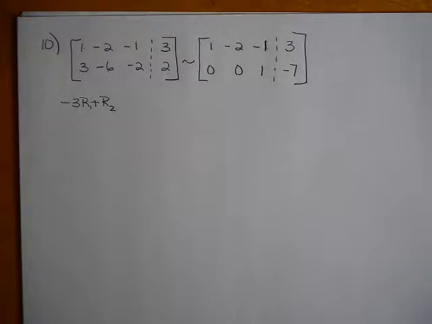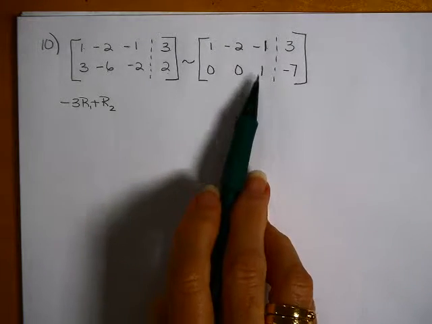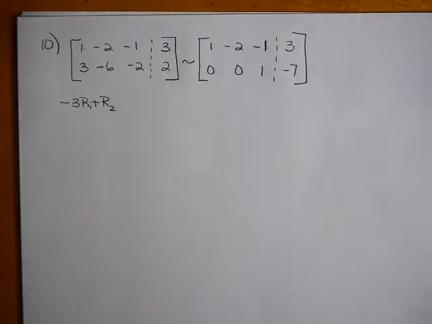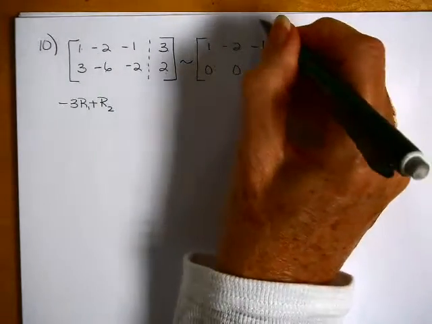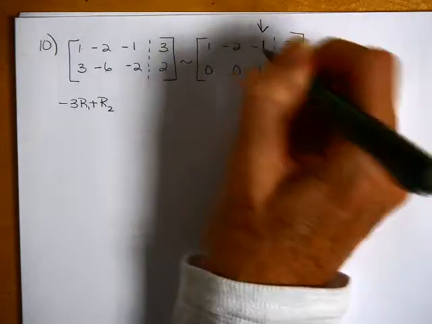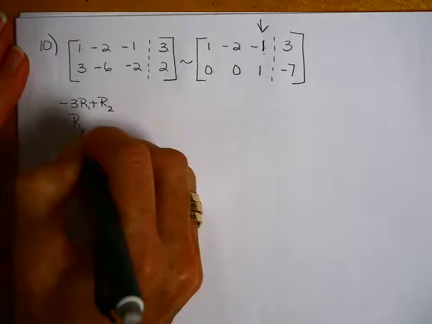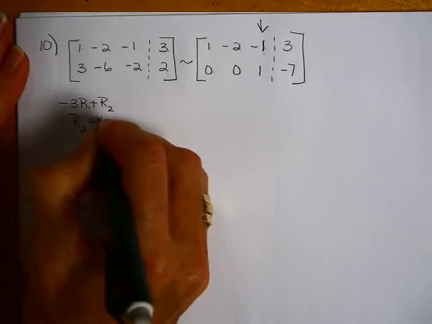Can you tell if we're going to have a solution or not? Yes, you're going to have a solution because you did not get a 0 right there. So what's the next step? I need this to be a 0 right here, so all I have to do is add row 2 to row 1.